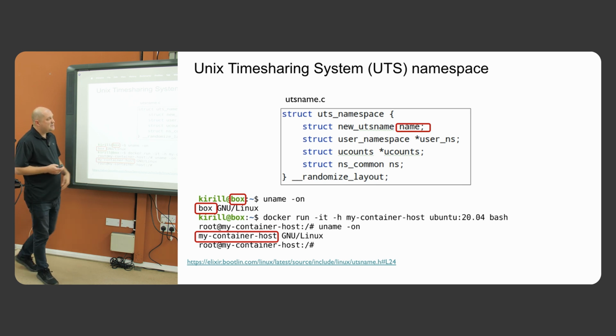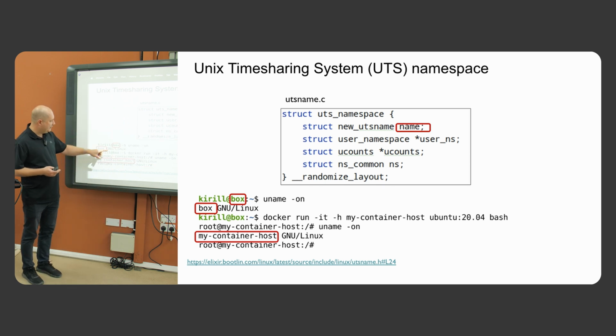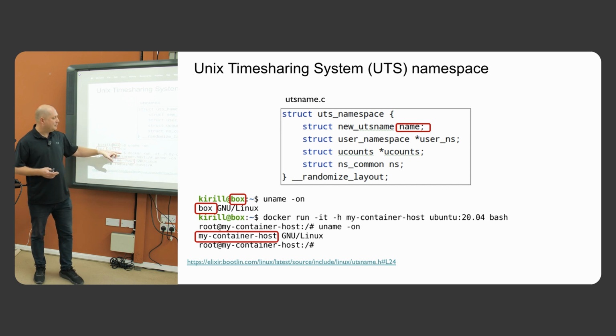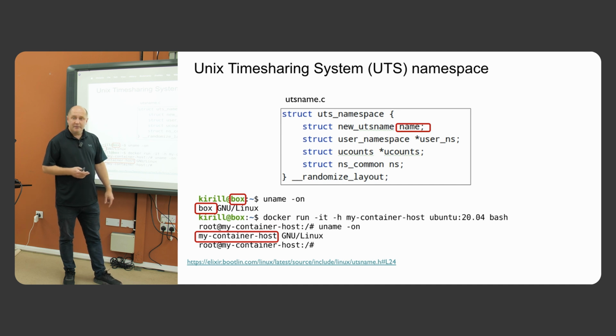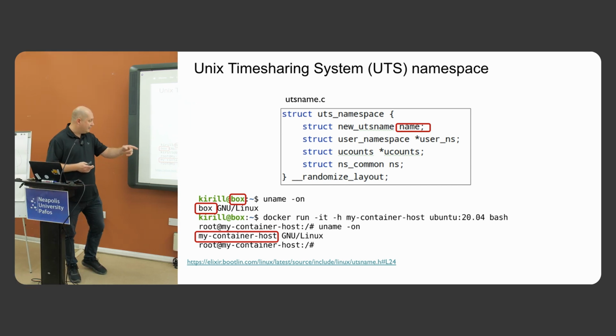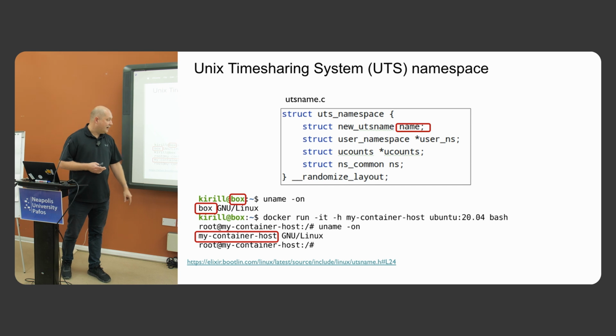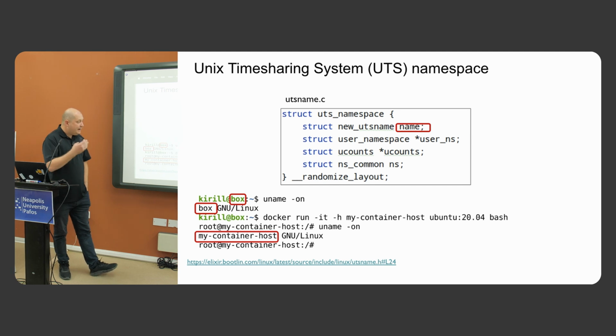namespace. So it actually describes only the name, which we have here. You know this, right? So this is a container I created by Docker, and I said I would like to have host name, this is my container host, and when I enter this container, I see this. Why? Because by doing this, I create a new namespace and a new name for the host, right?